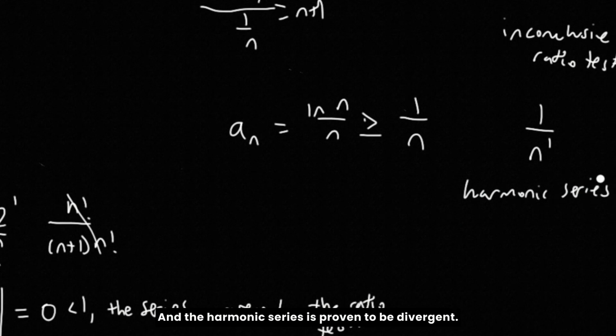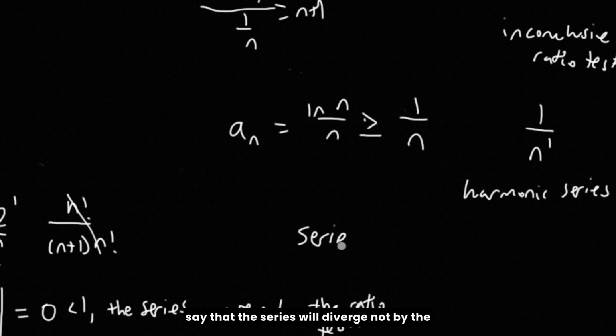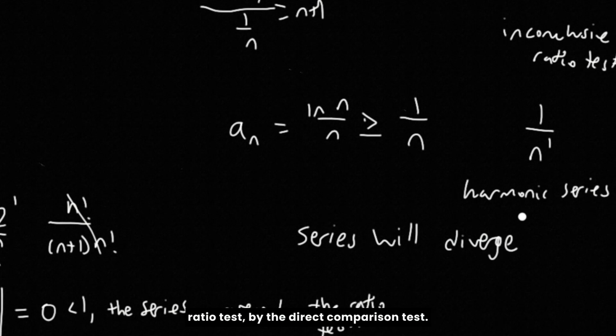And the harmonic series is proven to be divergent. So if 1 over n diverges and it's a smaller function than ln n over n, then we can say that the series will diverge. Not by the ratio test, but by the direct comparison test. I'll abbreviate that right here.